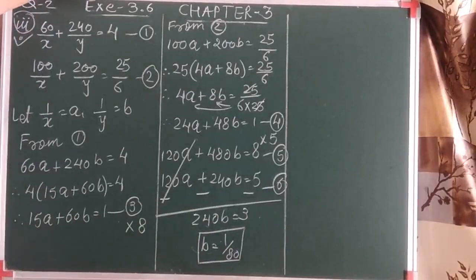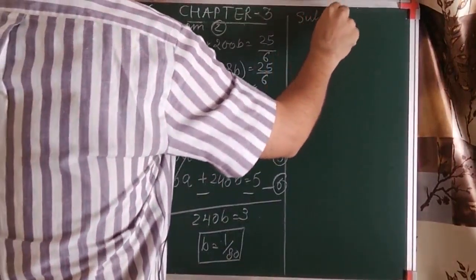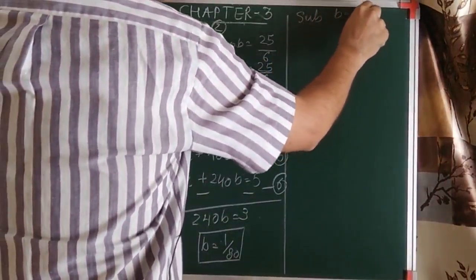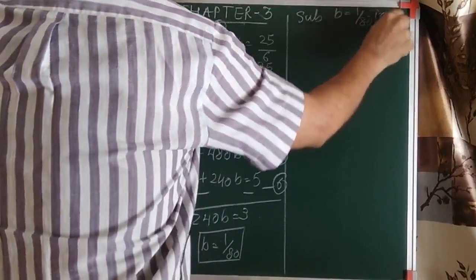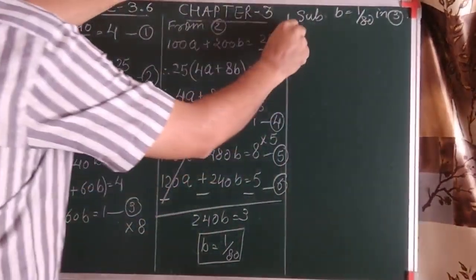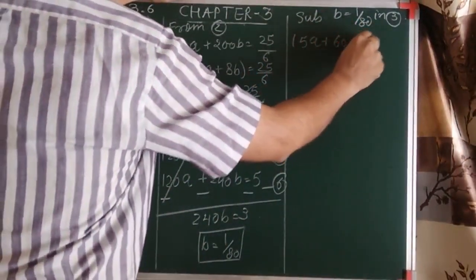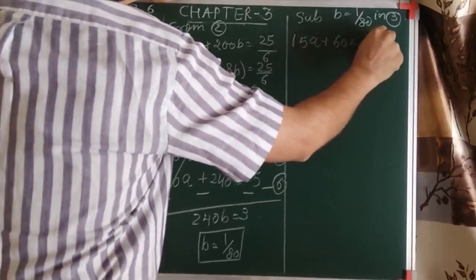Substitute the value of b in any of the equations. Let's substitute in the third equation. Substitute b is equal to 1 by 80 in equation 3. So this is the third equation: 15a plus 60b, b is 1 by 80, is equal to 1.